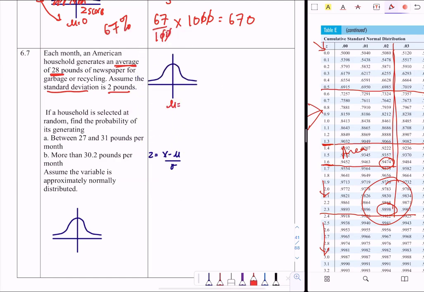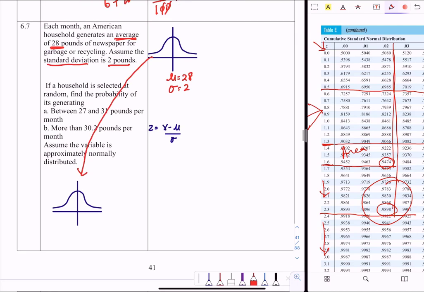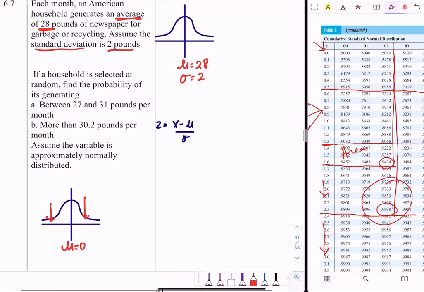The mean itself is 28. We have to change the information from mean 28 to becoming 0, and then we can get the z-score. What they want is to find the probability between 27 and 31.